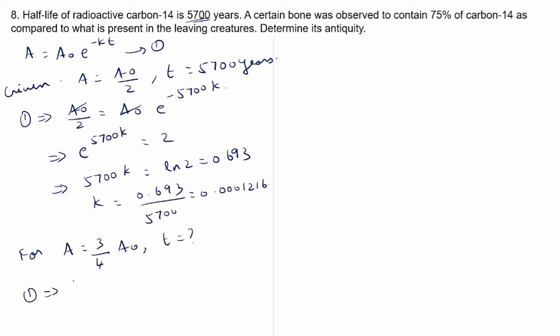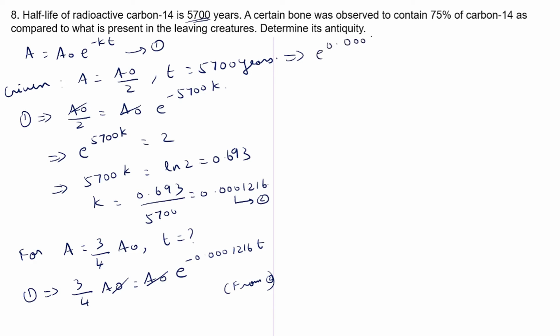So 1 implies 3 by 4 A naught equal to A naught into e raised to, let us take this as 2, k is minus 0.0001216 t. This is from 2. So from this we have e raised to 0.0001216 t is equal to 4 by 3.